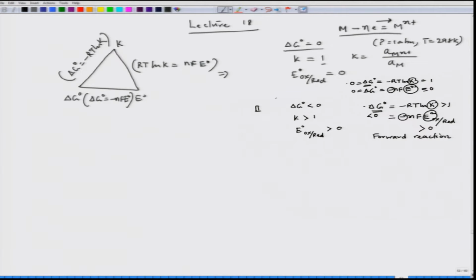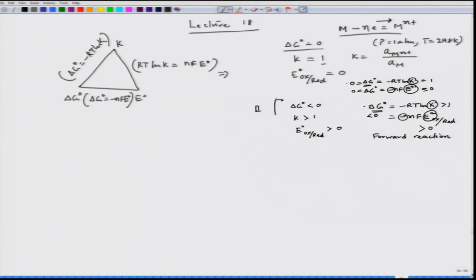Since K is greater than 1, and K we have found from this equation, that means the activity of the metal ion has to be more than the activity of the metal. Then only you could see that K should be greater than 1.